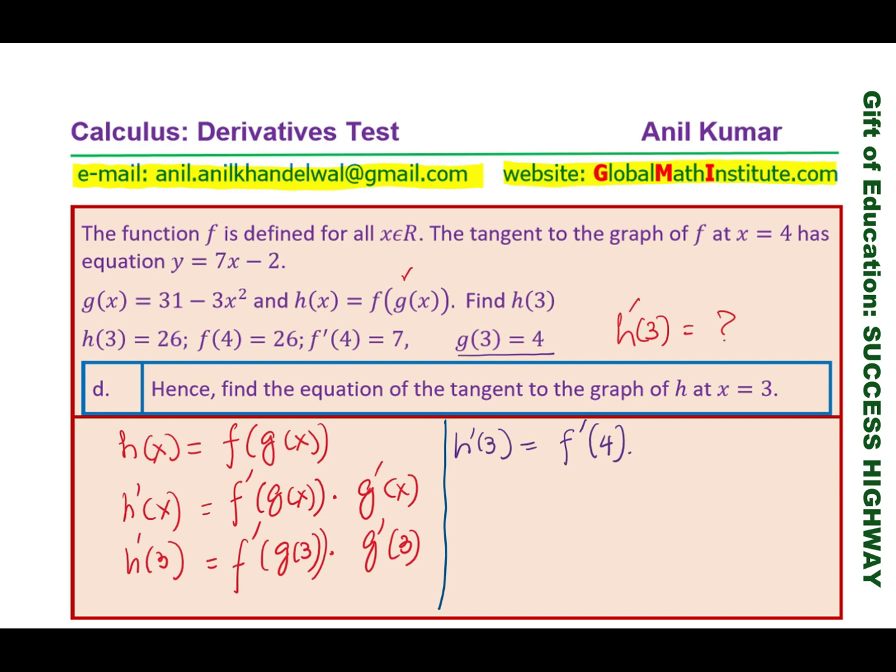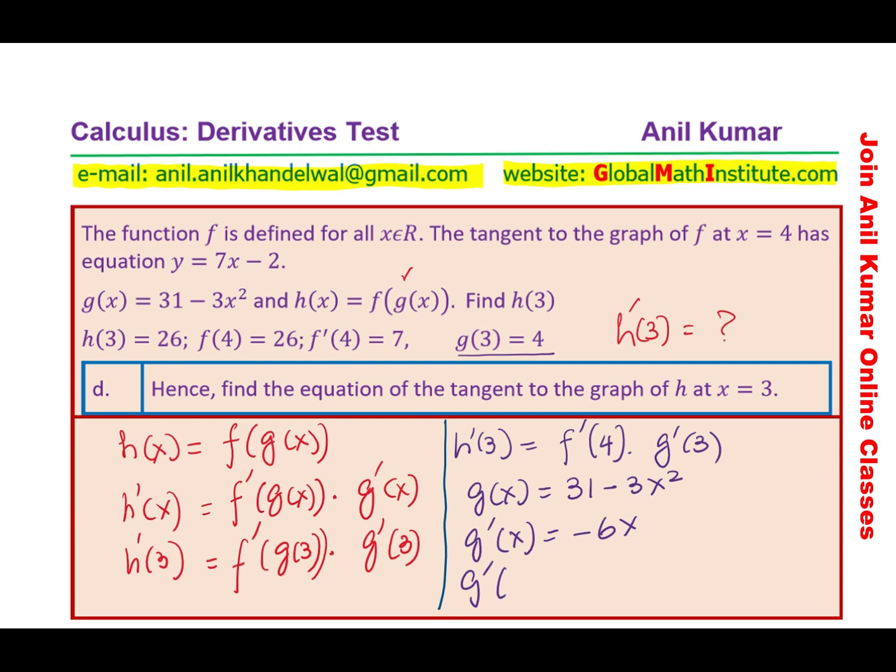Now we need to find what g prime of 3 is, right? We are given that g of x is equal to 31 minus 3x squared. So the derivative will be minus 6x, clear? And therefore, g prime of 3 will be what?